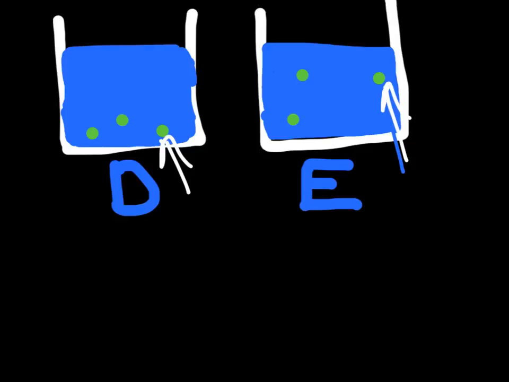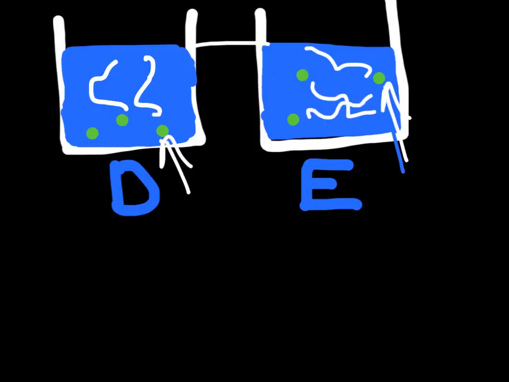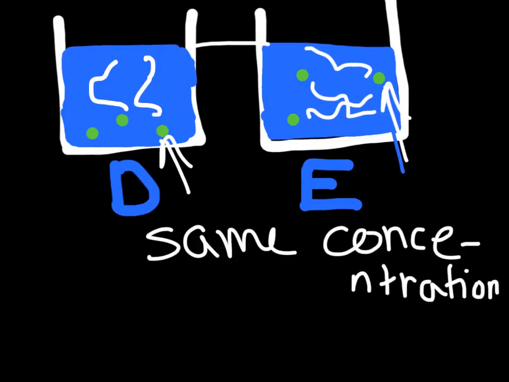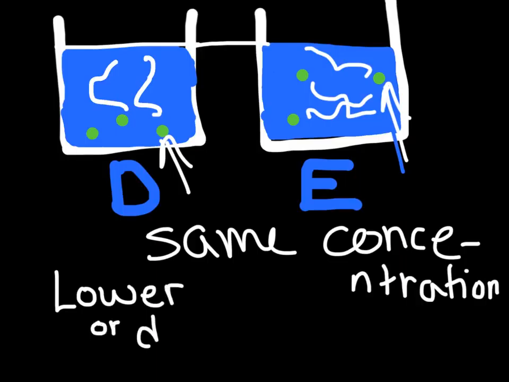And now that I've added the same amount of water, these solute particles can move around in the same amount of space as these solute particles. So they are the same concentration. So by adding water, I was able to lower or dilute the solution.